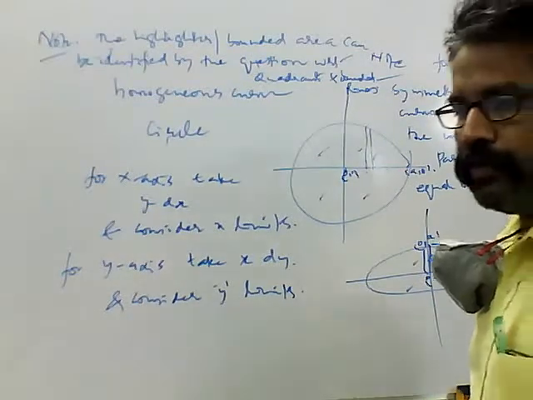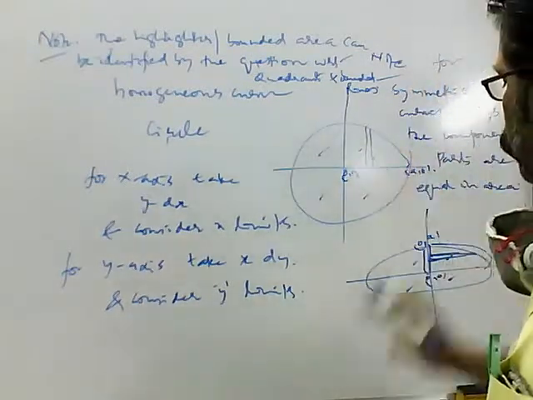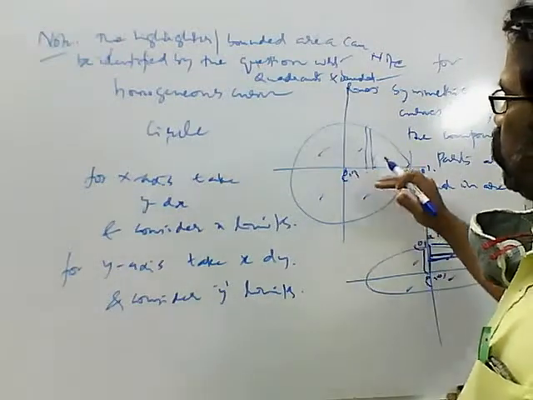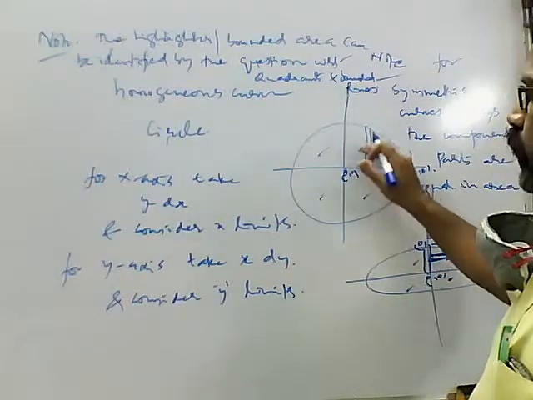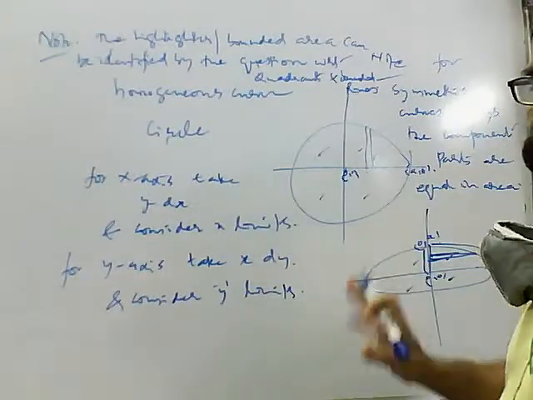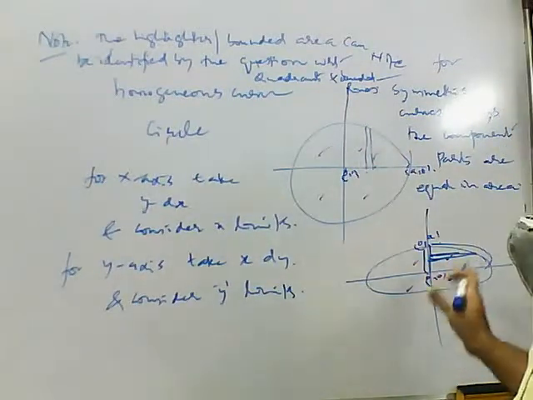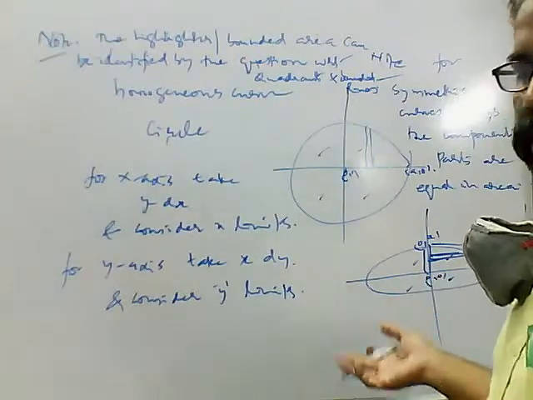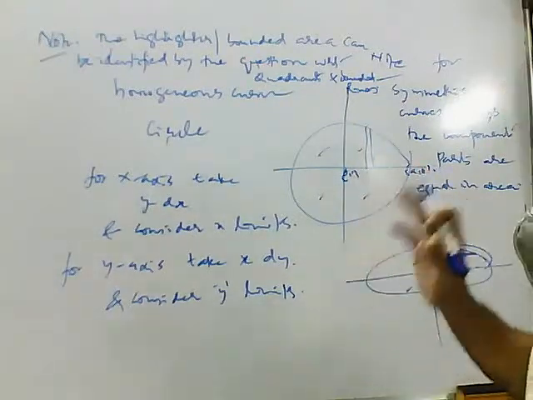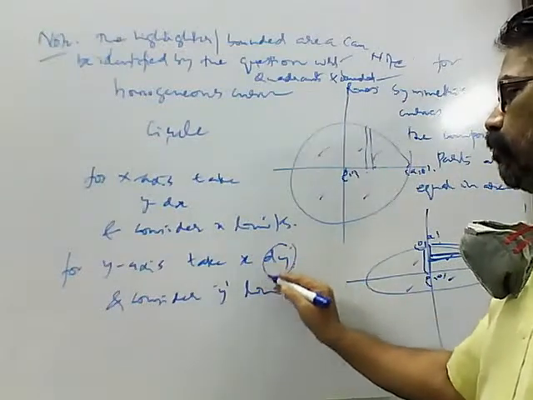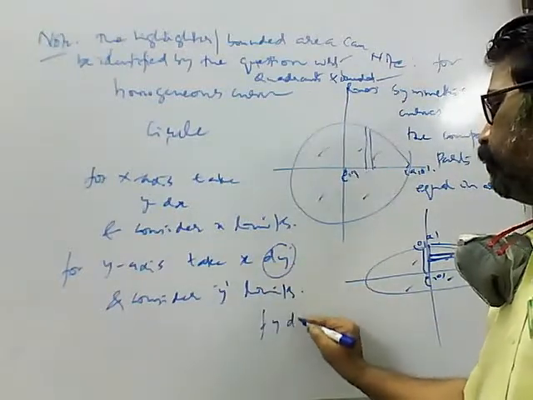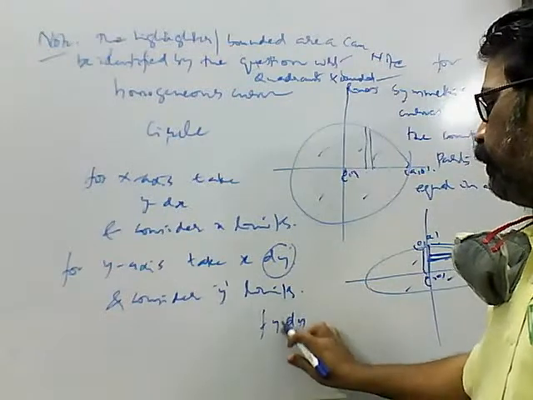And once you are clear with the question, you have to draw the figure and locate depending upon the curve nature. If the curve is depending upon the x-axis, you have to take y dx and consider x limits only. And in the case of the y-axis, you have to take x dy and y limits, because these are parameters. So x means what will come? f of y, f of y dy.